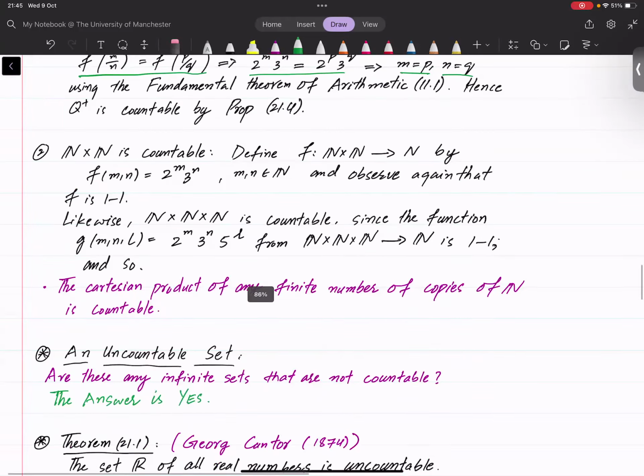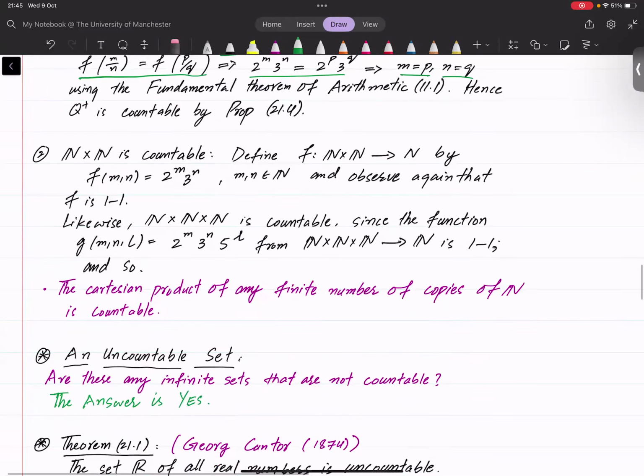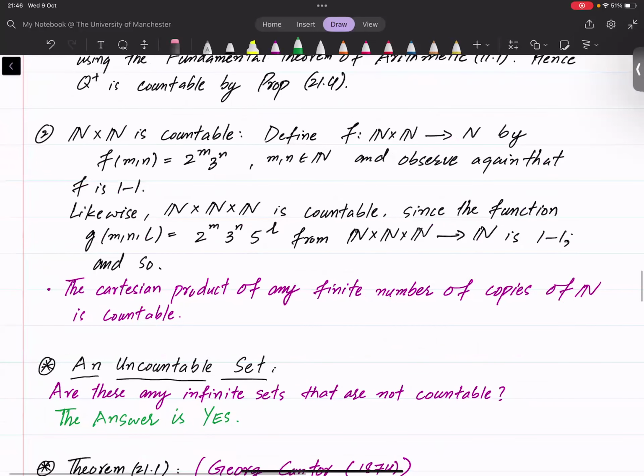In a similar way, we can say that N cross N is countable, and we can define a function from N cross N to natural numbers in the similar way where m and n are integers. Observe again that f is one-to-one, and so on.